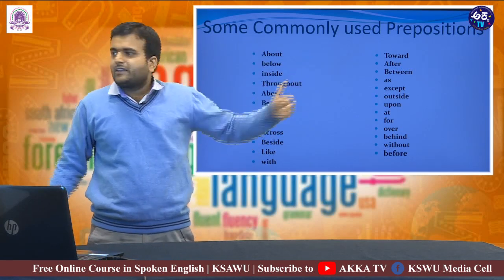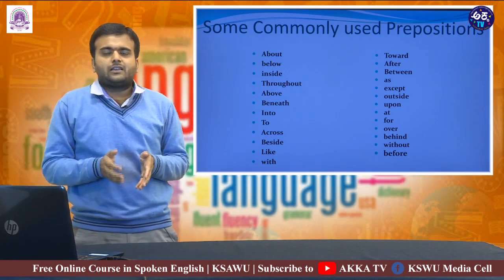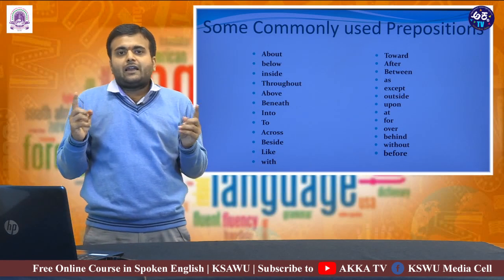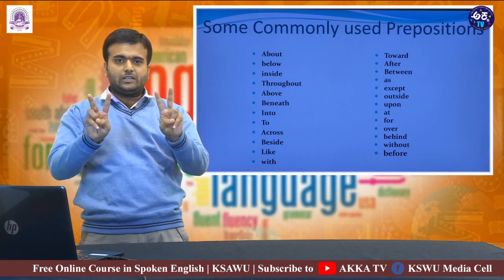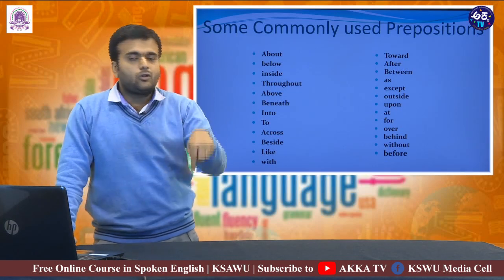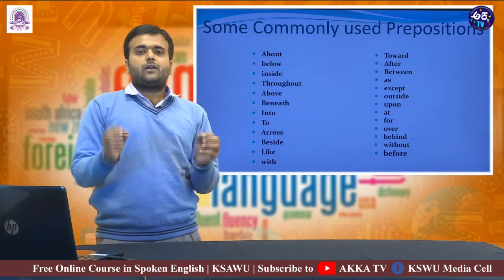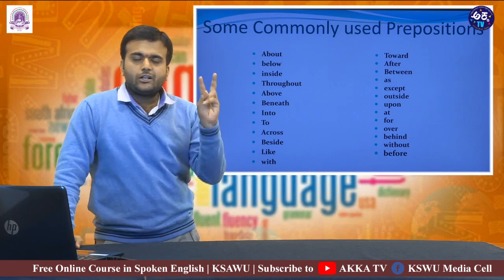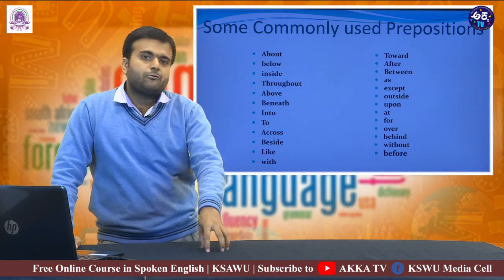Here is one wall, here is another wall, and I am standing between the two. When I stand or I place one thing between two things, between two objects, between two persons, or when we take into consideration only two entities, then we use this preposition between.